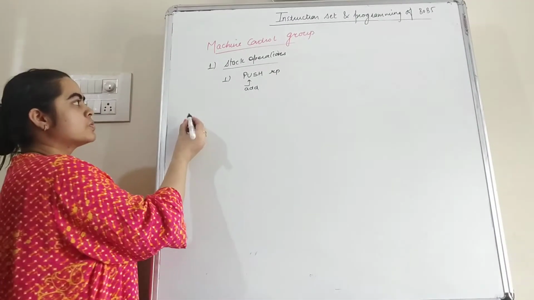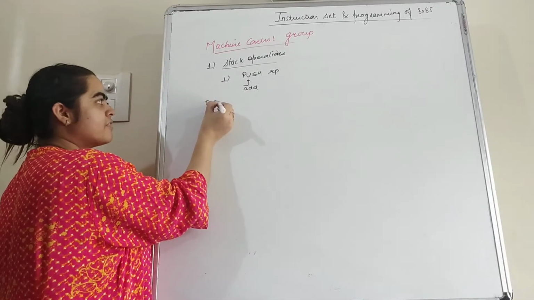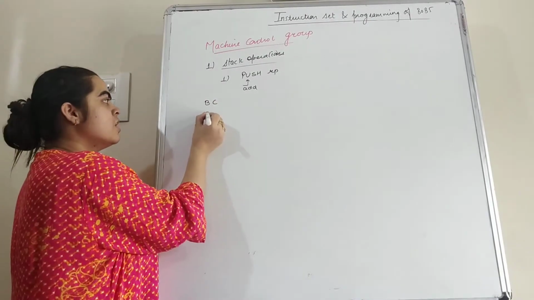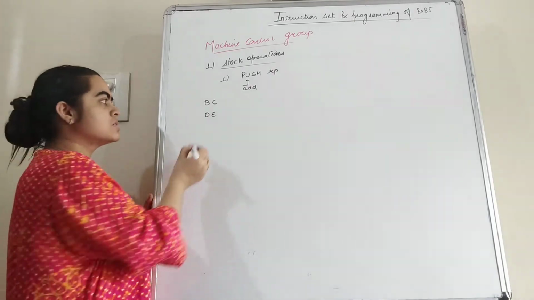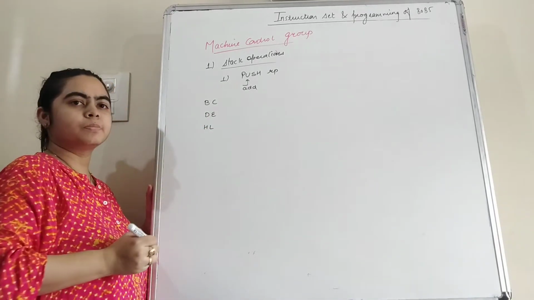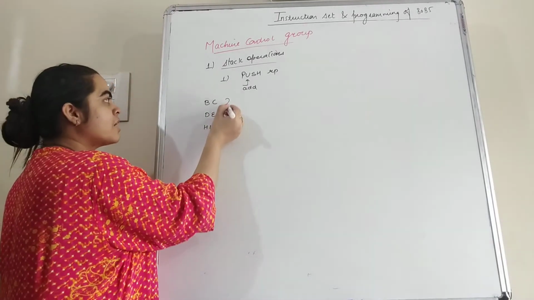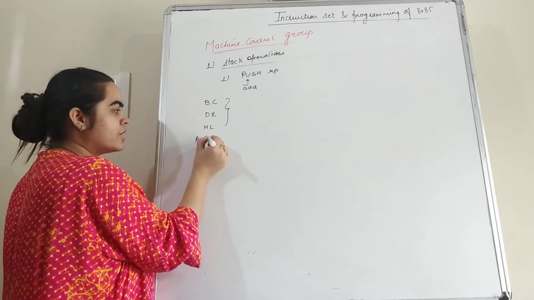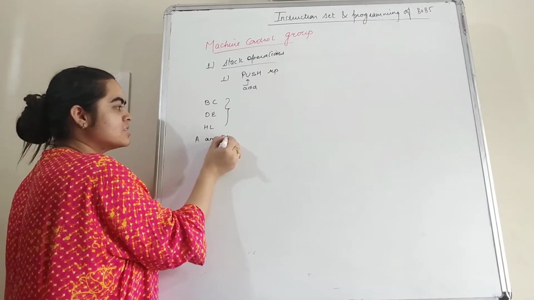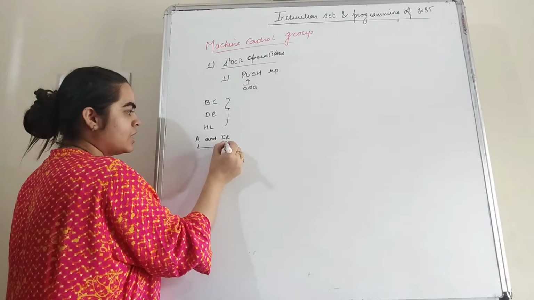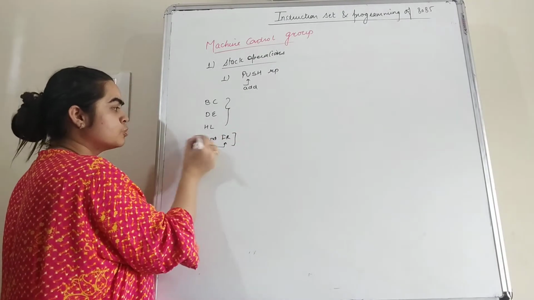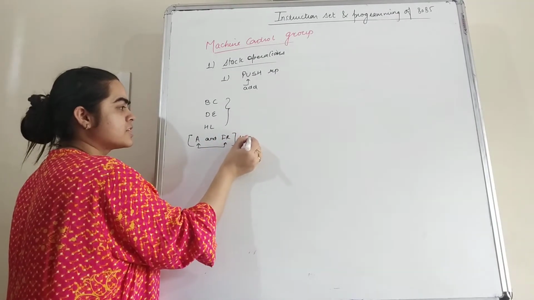So in microprocessor 8085 we have the register pair BC, the register pair DE, and the register pair HL, and sometimes we can use the accumulator and the flag register combined to make a pair of 16 bits.